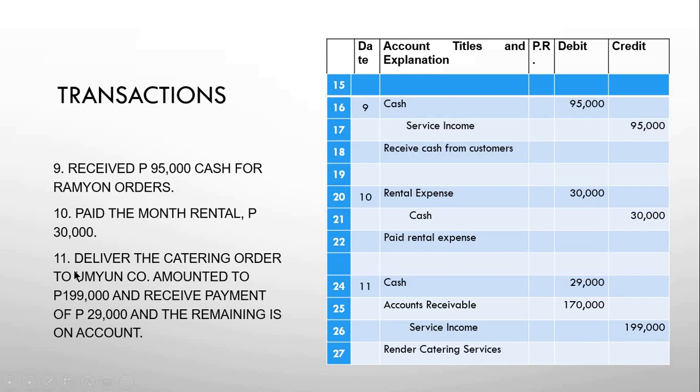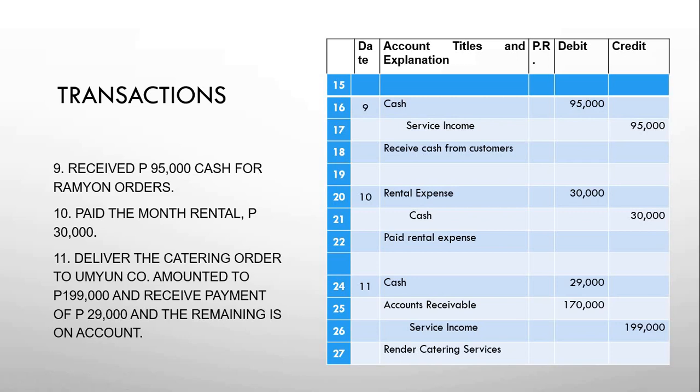For on January 11, deliver the catering order to Omyon Company amounted to 199,000 and receive payment of 29,000 and the remaining is on account. So this is a transaction that includes, the journal entry will include multiple debits or multiple credits.